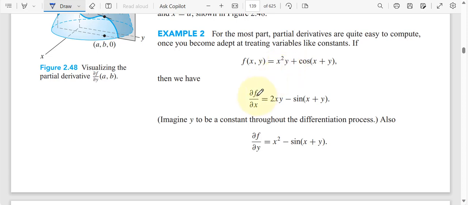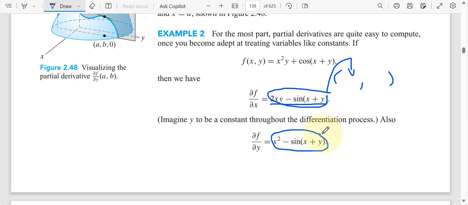But anyway, the partial of f with respect to the first variable is not a number. This is a function. So when we put these together, I can't really say that's in Rn, because if these are not numbers in here, it is still a two-dimensional object.